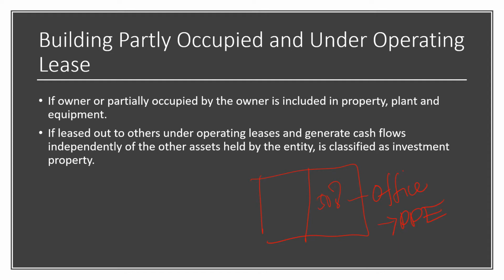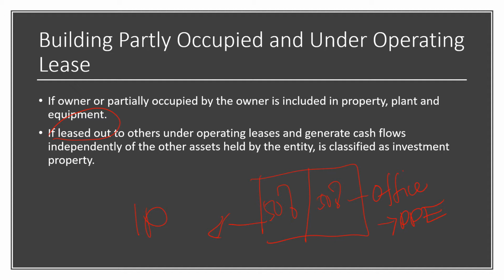If leased out to others, remember, you are not a renting company. So the other 50%, if you lease that out to others, meaning by renting that out and generating cash flow independently of the other assets held by the entity, this should be classified as investment property, not PPE, because you are generating a different type of income.